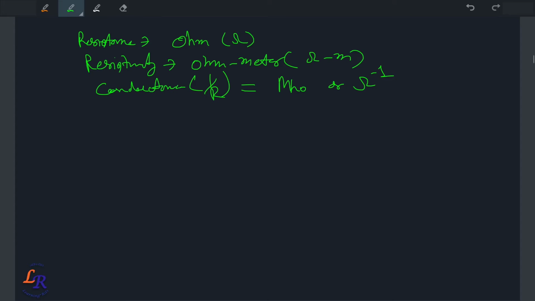And the other thing is current density. What is the unit of current density? Ampere per meter square.